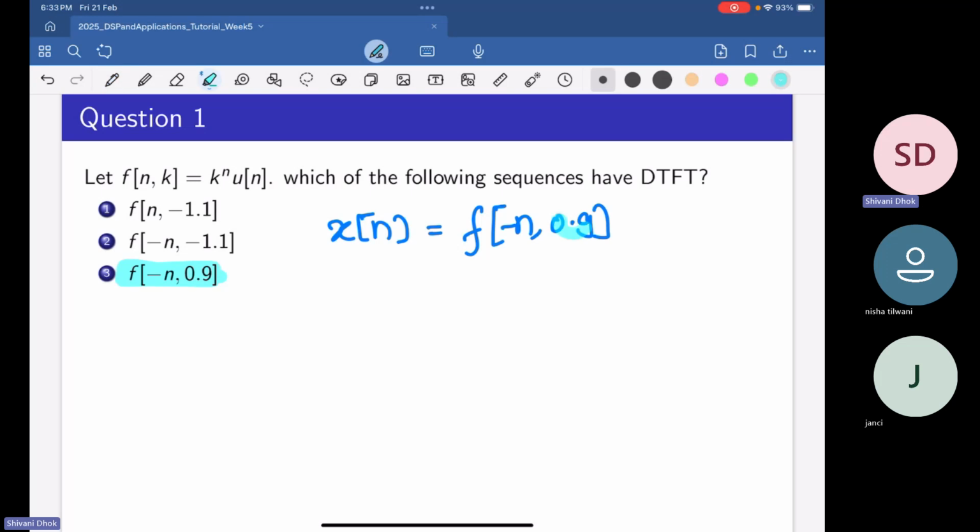So here our k is 0.9 and again n is replaced by minus n. So what we get is 0.9 to the power minus n into u of minus n.